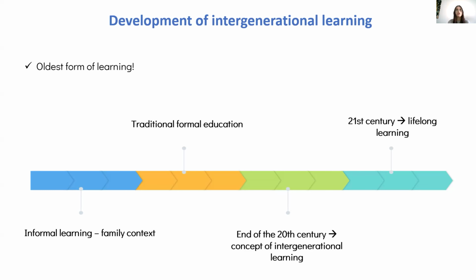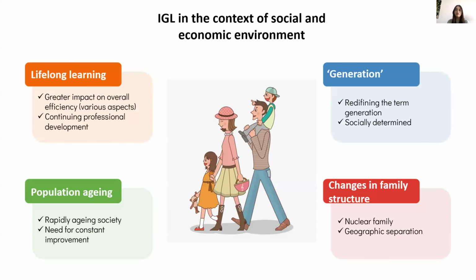However, as society shifted towards a knowledge-based model and faced demographic changes, IGL gained traction as a prominent topic within lifelong learning. In the 21st century, it has become a scientifically significant and practically relevant subject in both informal and formal educational settings. The need for lifelong learning, especially in adulthood and old age, became apparent due to demographic shifts, particularly the aging population in the Western world at the end of the 20th century.